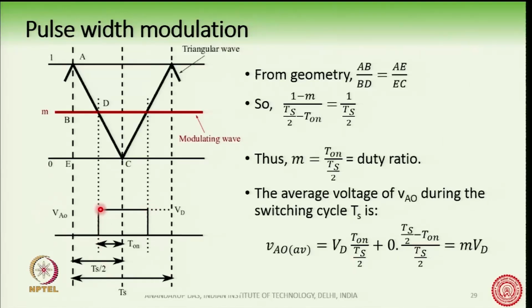The duration of time for which Vd is on is Vd into T on by Ts by 2, plus the rest of the time it is 0, so 0 into Ts by 2 minus T on, divided by Ts by 2. So the VAO average over this time period will be equal to m times Vd, by substituting m equal to T on by Ts by 2.